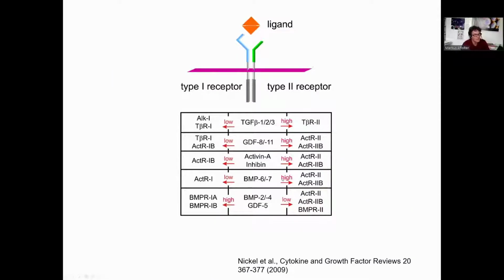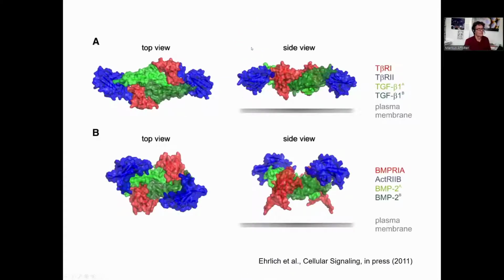So this is how one thinks these receptors are activated. The ligand comes, brings these two receptors together, type 1 and type 2, and then the type 2 phosphorylates type 1. This is then activated and phosphorylates MAD. And there are different receptor combinations that can be used, but for us, it's DPP, Thickvein, and Punt.